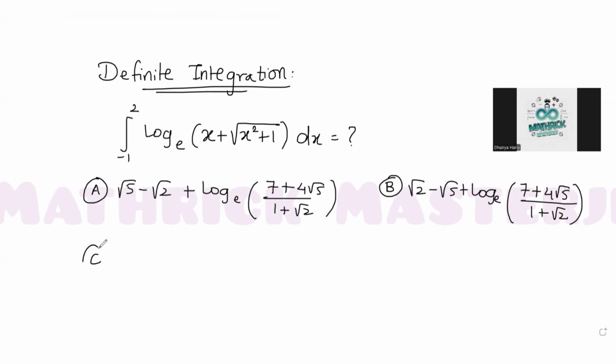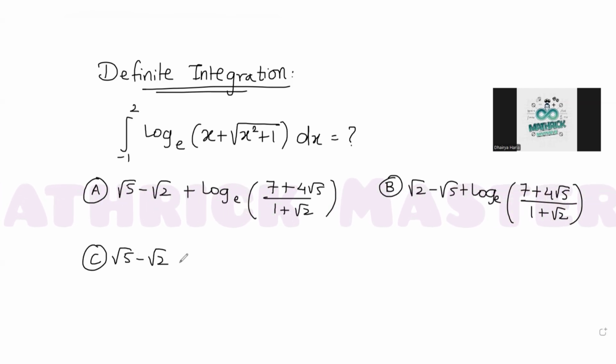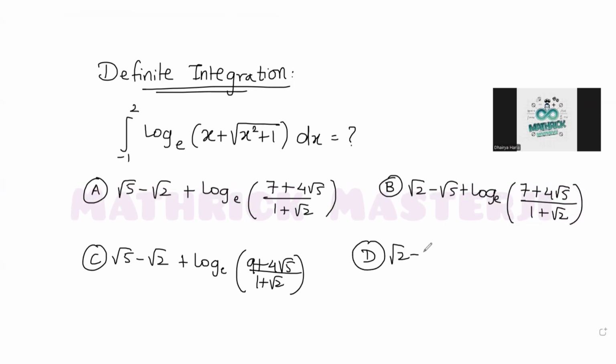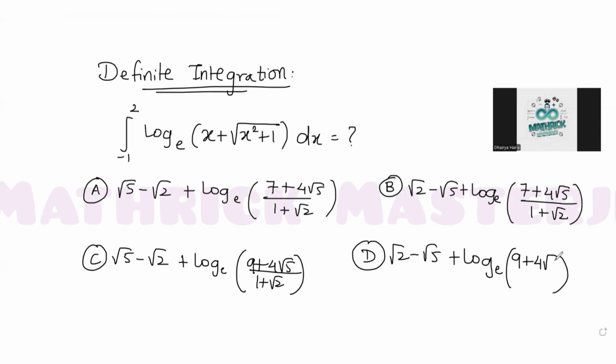The third is root 5 minus root 2 plus log base e of 9 plus 4 root 5 over 1 plus root 2. And the last is root 2 minus root 5 plus log base e of 9 plus 4 root 5 over 1 plus root 2.